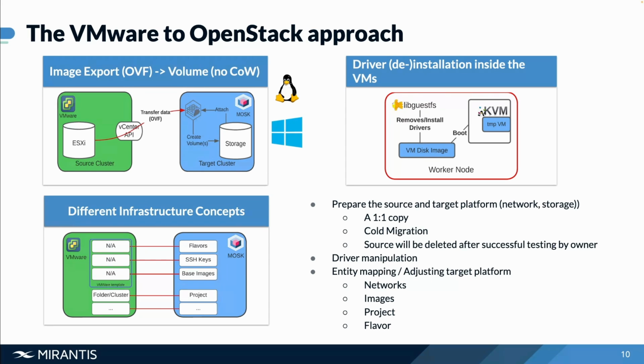So in that case, we need to map these different concepts from VMware, what does not exist and what exists differently, into objects and words that OpenStack knows. So networking configuration, image copy, project definition, flavor definition, security rules, SSH keys, and all that. All of that mapping is also done through our platform, right?